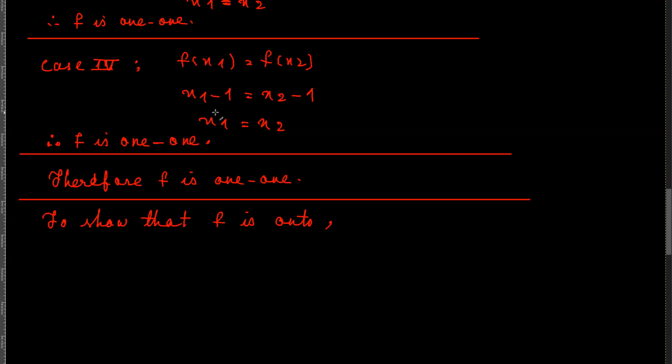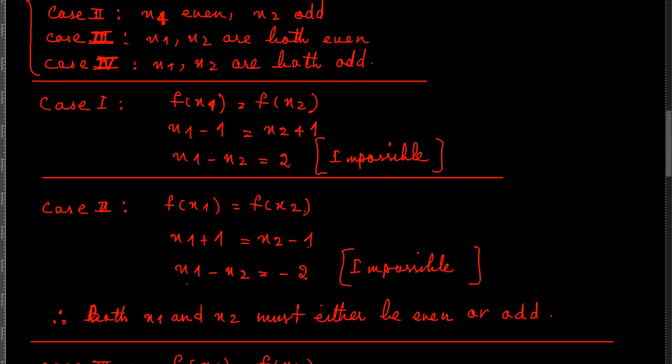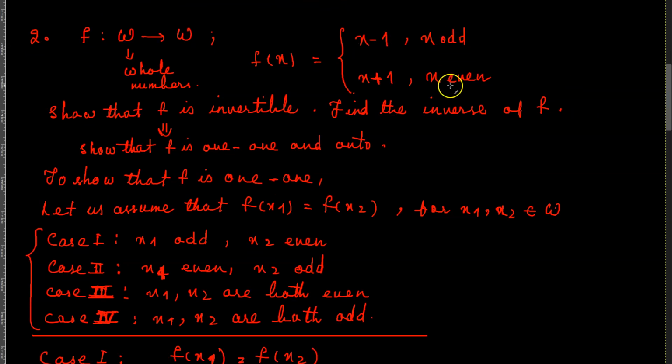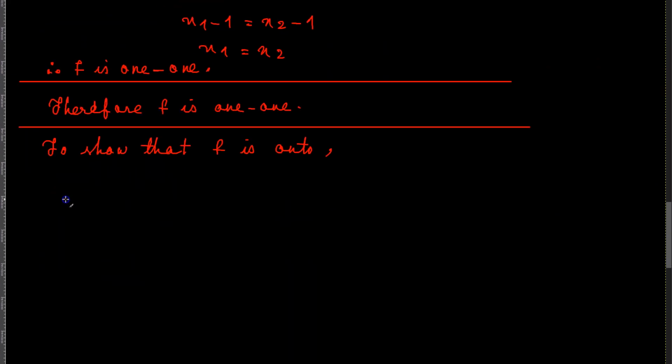Okay, so now in order to show that f is onto, basically we have this function f over here, which is f of x is equal to x minus 1 for odd x's and x plus 1 for even x's.